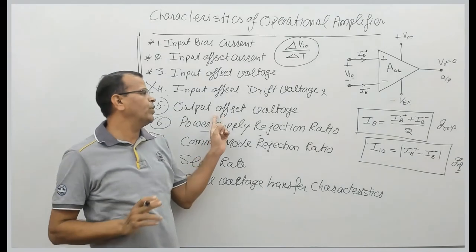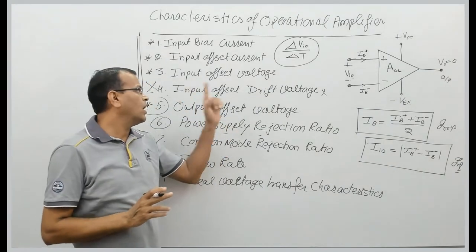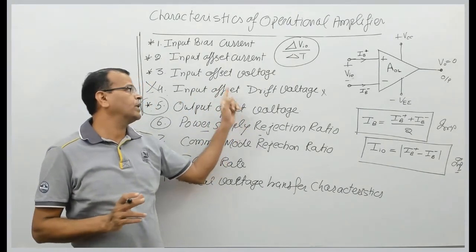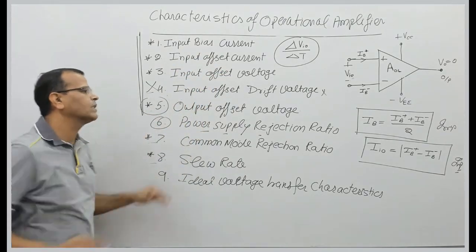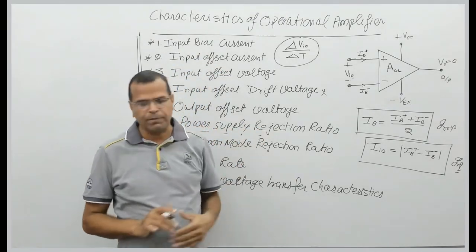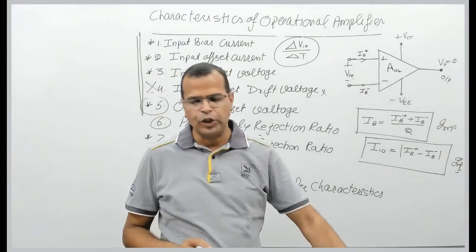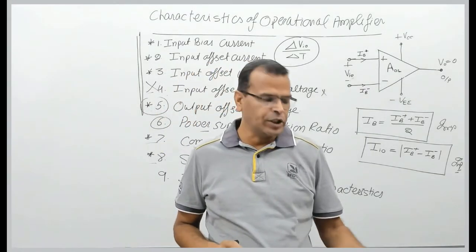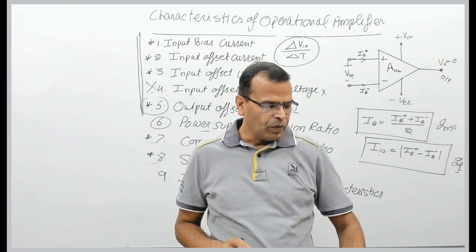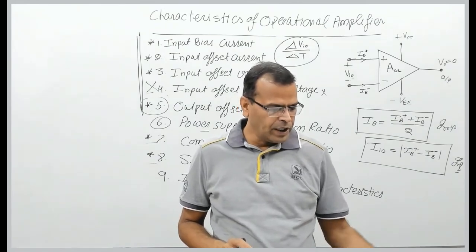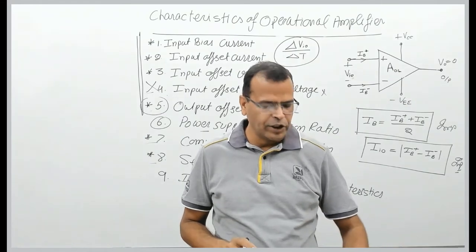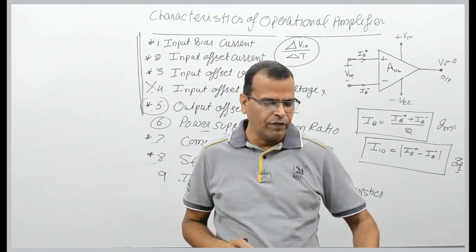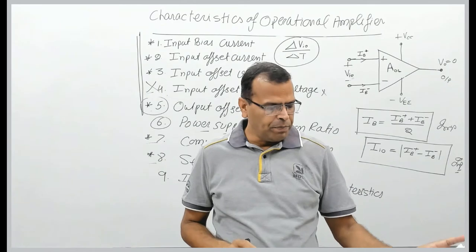I hope you know what output offset voltage and input offset drift voltage are. Now let us talk about power supply rejection ratio. As far as the exam is concerned, you don't have direct questions based on PSRR.